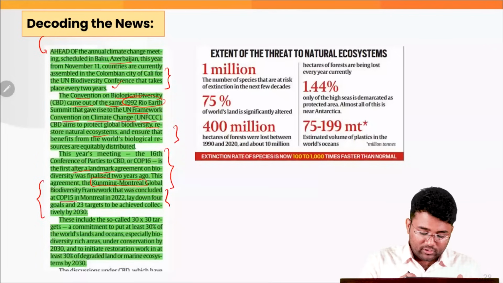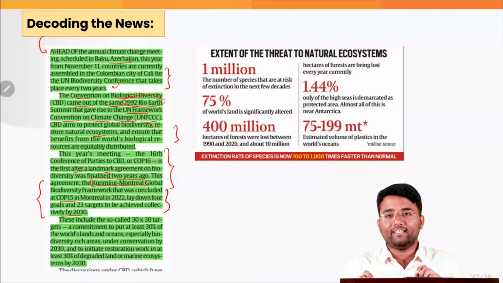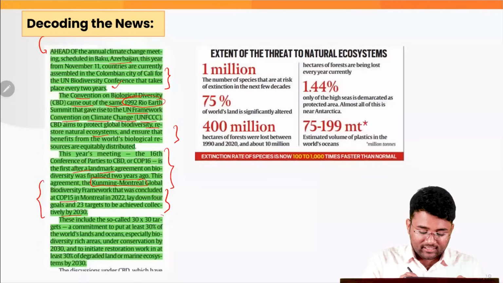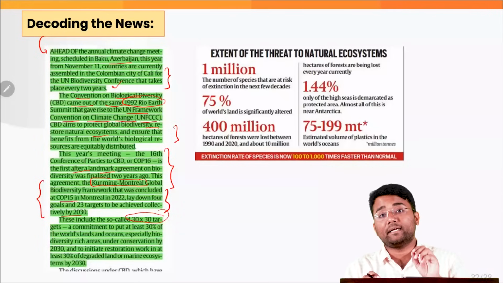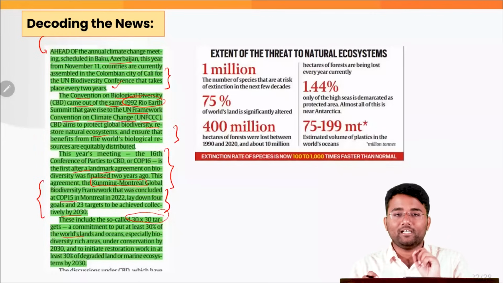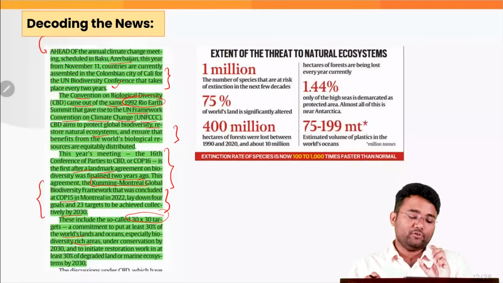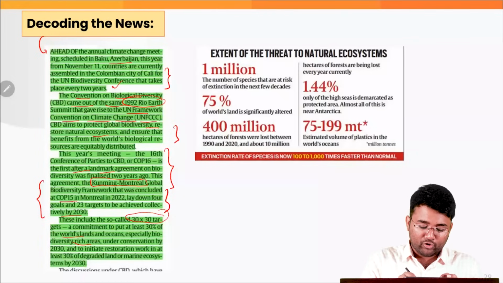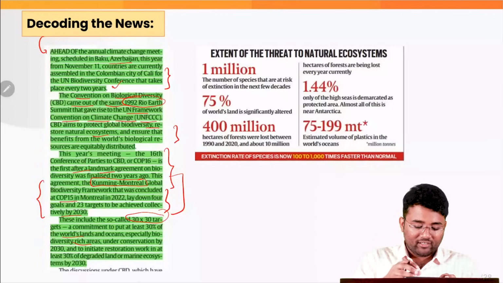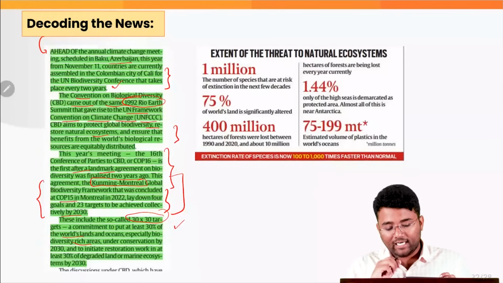It lays down 4 goals and 23 targets to be achieved collectively by 2030, and they are also called the 30 into 30 targets. That is a commitment to put at least 30% of the world's land and ocean, especially the biodiversity rich areas, under conservation by 2030. So few things that are very important for your prelims are this Kunming-Montreal Global Biodiversity Framework and this 30 into 30 target.